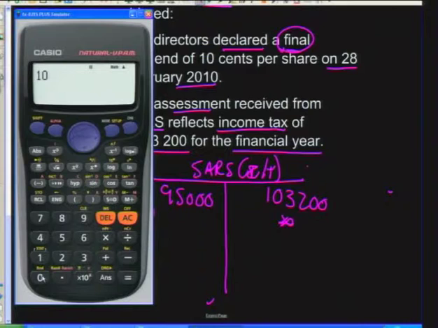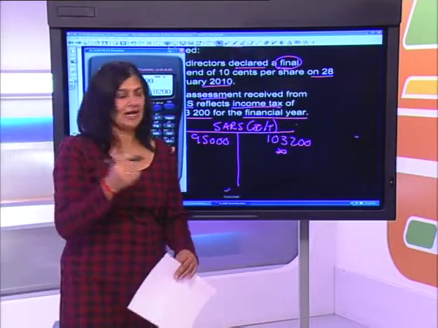Let's do the calculation, 103,200. Okay, and I need to subtract 95,000. And I still owe the receiver 8,200. Now the word still owing, guys, clearly it is a liability.